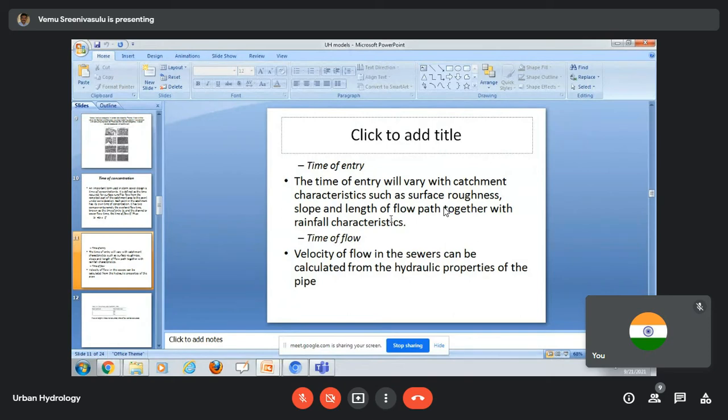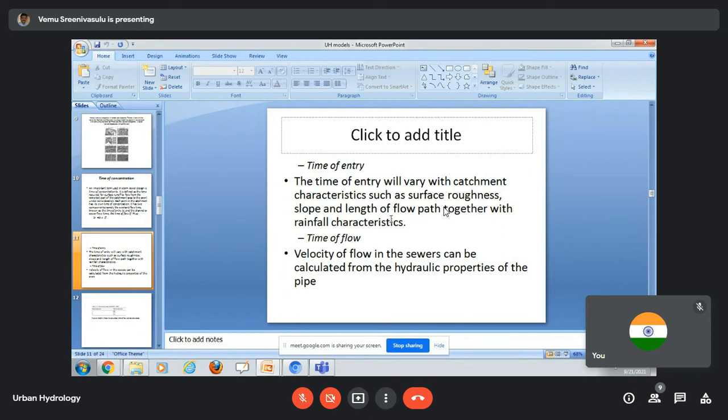If the rainfall intensity is equal to the infiltration capacity, there will be no overland flow. If it is higher than the infiltration capacity, there will be overland flow. So if the intensity is very high, the time of entry will be less; if the intensity is very low, the time of entry will be more. That is how rainfall characteristics also affect the time of entry.